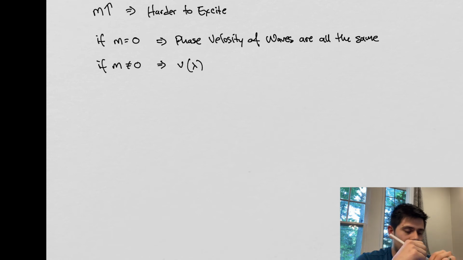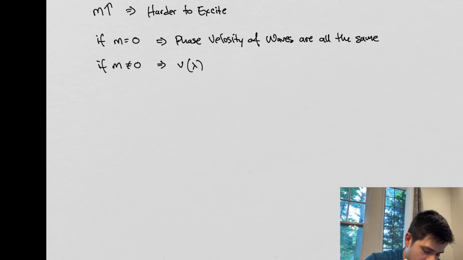Let's consider now a different looking potential, right? So the potential that we had initially was 1/2 k phi squared. That was the potential of phi. This was for a spring.